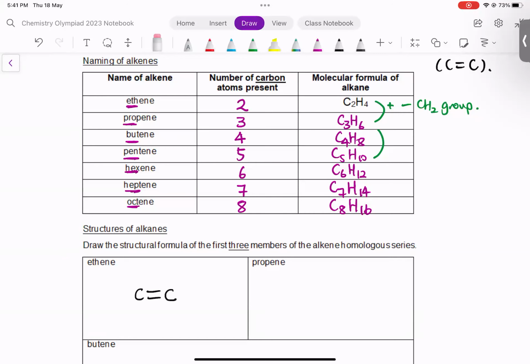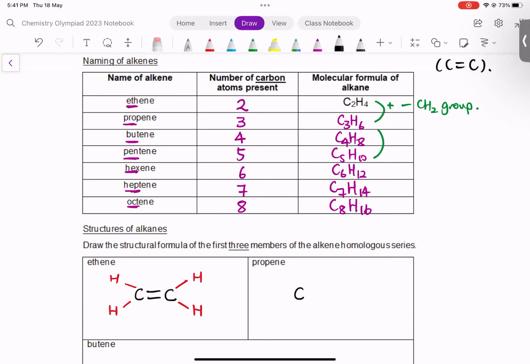If you draw ethene, ethene has 2 carbons linked by a carbon-carbon double bond because that's the functional group for alkenes. Then you make sure that the carbon has 4 bonds. So please ensure that you draw 4 lines around each carbon, and please bear in mind that a double bond counts as 2 bonds already.